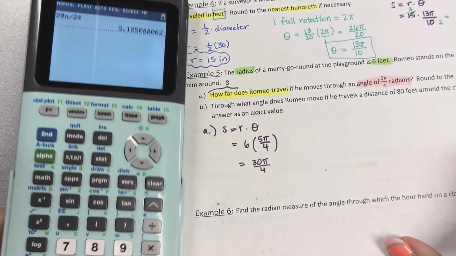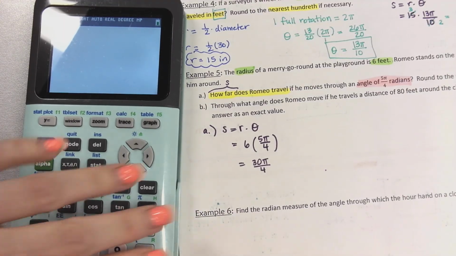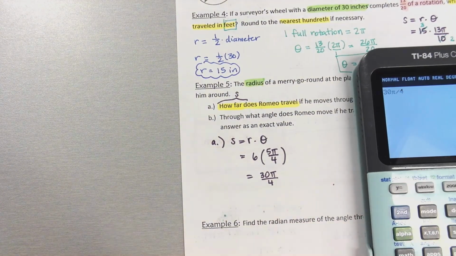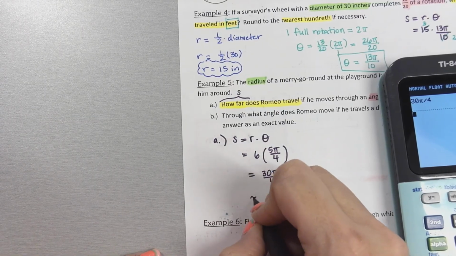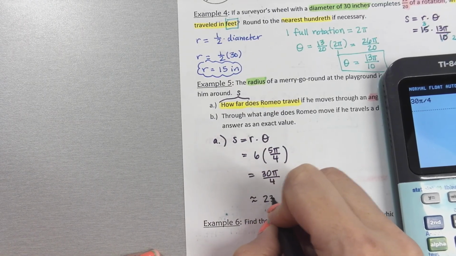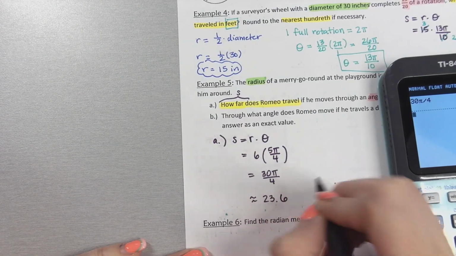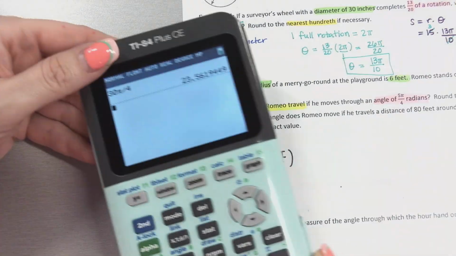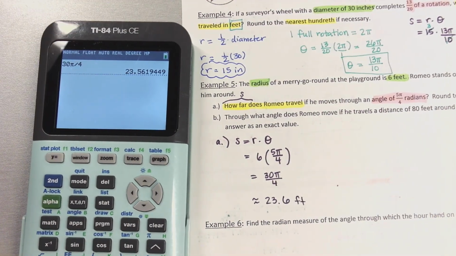Because it tells us to round to the nearest tenth, I'm just going to do 30 pi divided by 4 here. 23.56, that's going to round up to 23.6. And remember, whatever they give you for the radius, that is going to be your unit. So 23.6 feet.